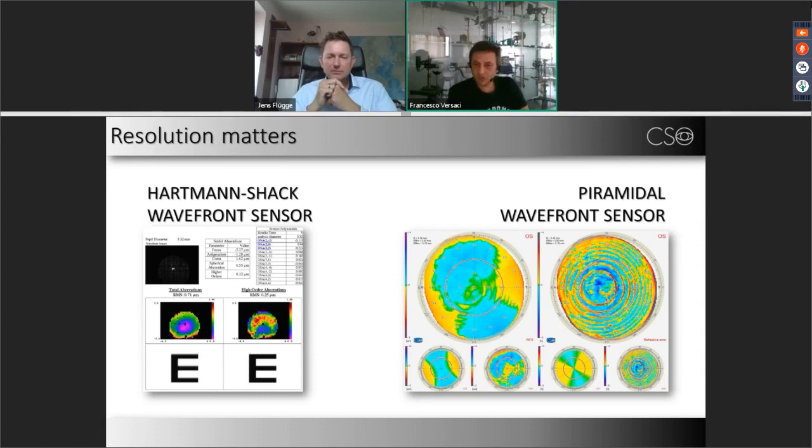Let me take the chance of this first slide to comment a little bit on this display, because maybe we are going to see some of those maps or displays, and I want you to know what we are displaying and in what way. You can see on the left-hand side of the display the wavefront error.